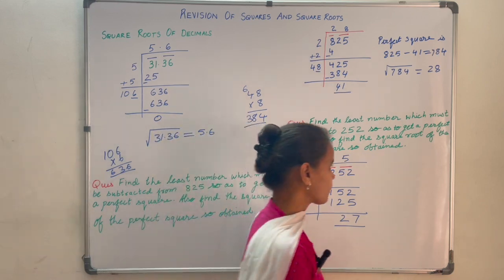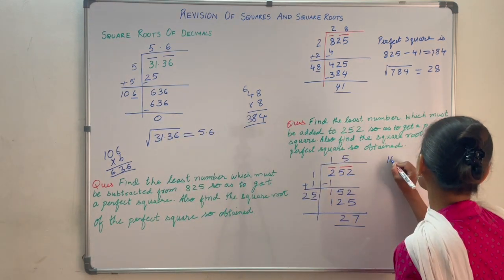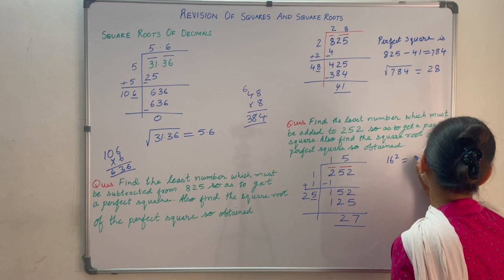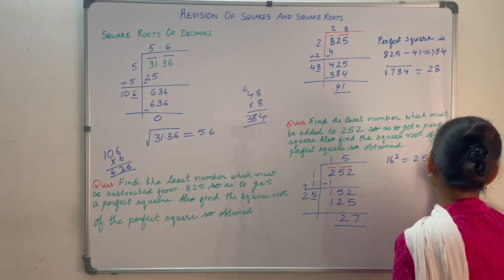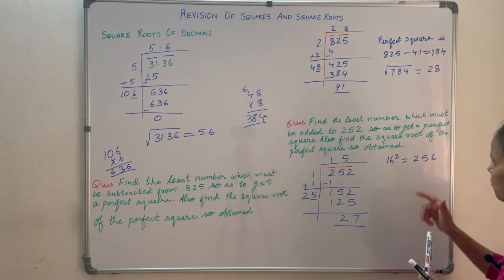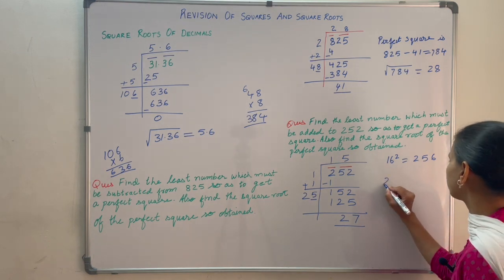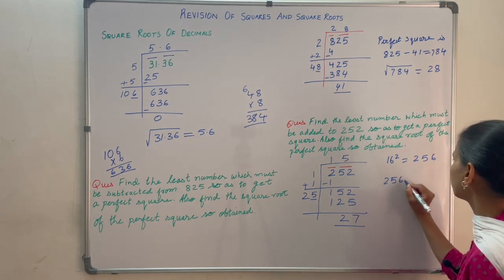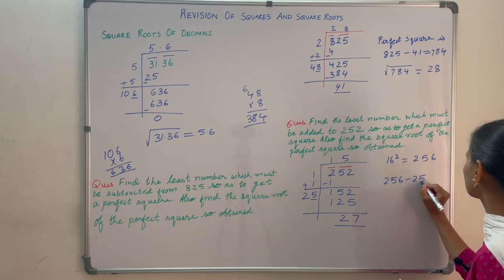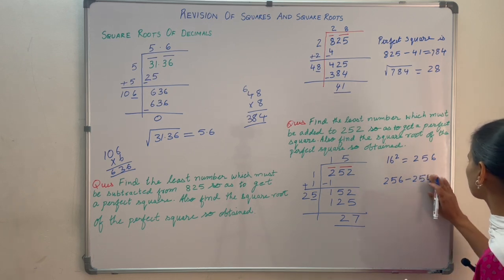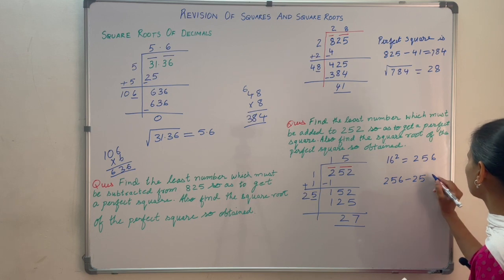So what is the square of 16? You know that 16 squared is 256. So how much do you have to add? Now if you subtract 252 from 256, you get to know how much you have to add. So you have to subtract 252.